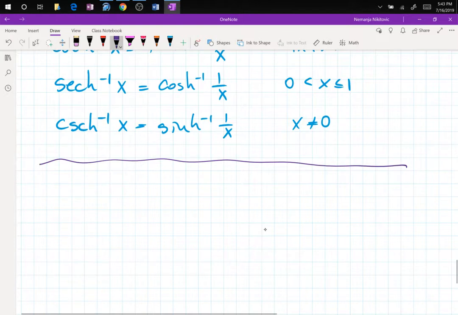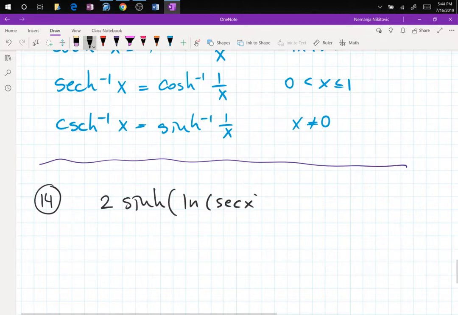So let's take a look at identities. This is absolutely beautiful. I mean, if you don't think this is beautiful, then you have no emotion. 2 sine hyperbolic of ln of secant x should be equal to sine x tangent x.